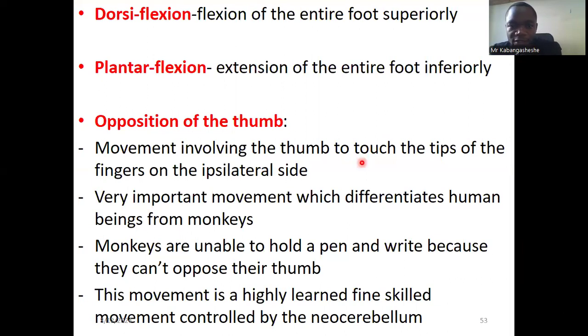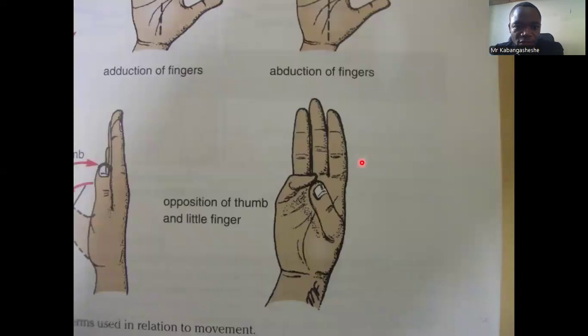There's another movement that is special to the thumb, called opposition of the thumb. So opposition of the thumb is to move the thumb in such a way that the thumb touches the tip of the other fingers, more like you're counting your own fingers using the thumb. So that action is called opposition of the thumb. It gives us the ability to have so much use with our digits.